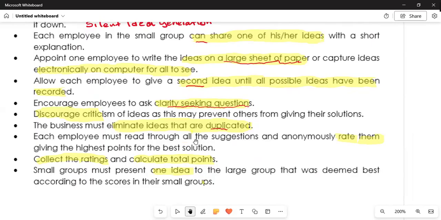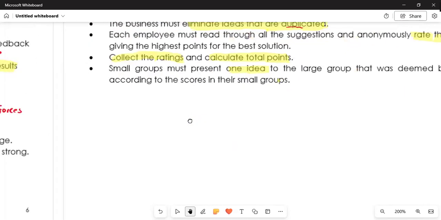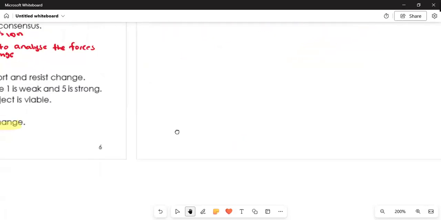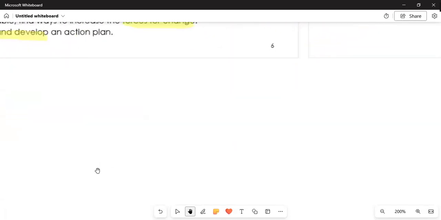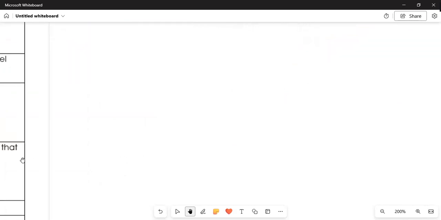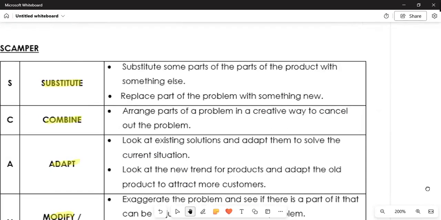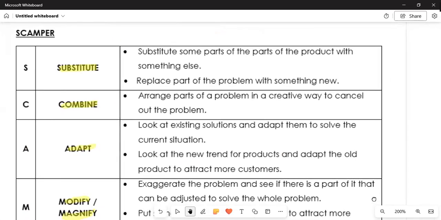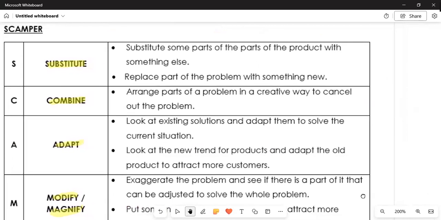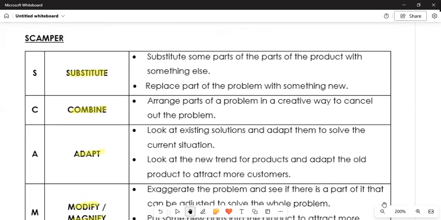Now we are to move on to SCAMPER as one of the techniques that we are going to use to solve a problem.